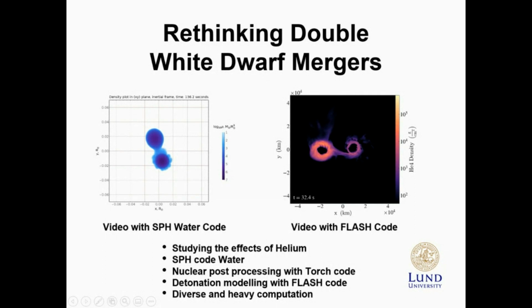At the same time, the FLASH code was run on a separate machine, which is just adapted to that, and the FLASH code was run on many hundreds of cores, depending on the resolution, and that's how computationally intense these sort of problems are.